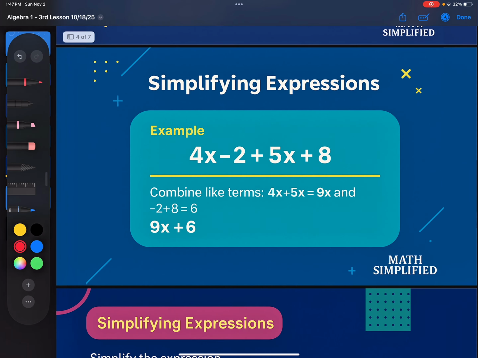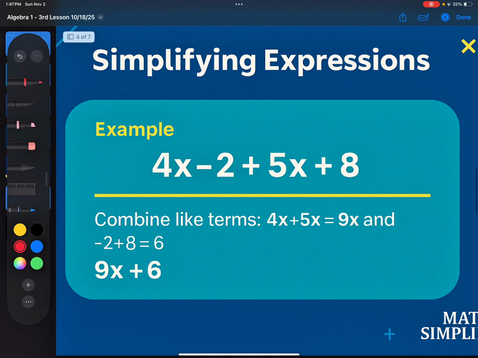Here we have another example, which is 4x minus 2 plus 5x plus 8. We can combine the terms that have the same variable, which are 4x and 5x, since they both have the variable x. We can also combine negative 2 and 8 since they don't have a variable, and that's what makes them alike.